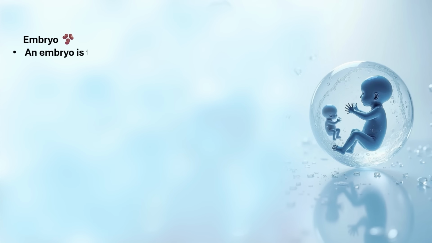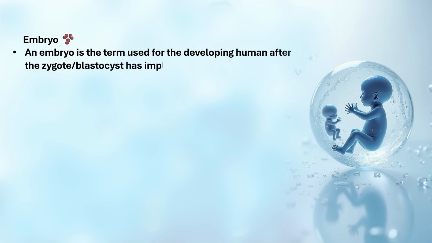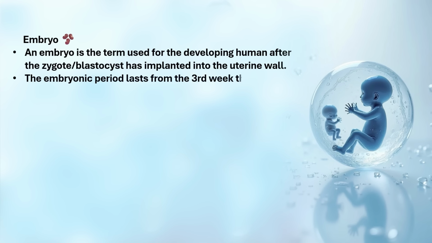Coming to the embryo, an embryo is the term used for the developing human after the zygote or blastocyst has implanted into the uterine wall. The embryonic period lasts from the third week to the eighth week.